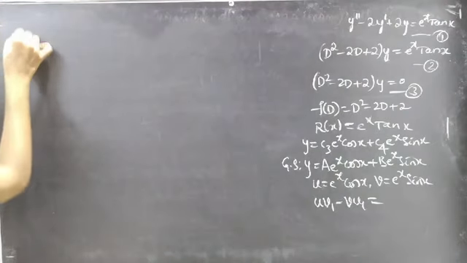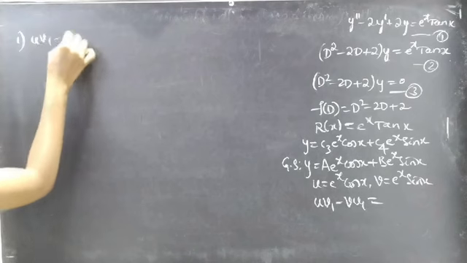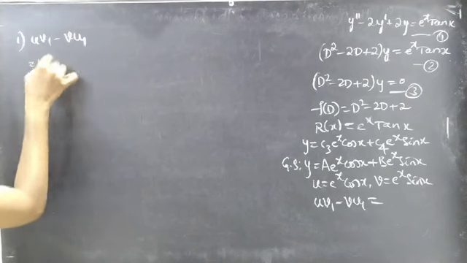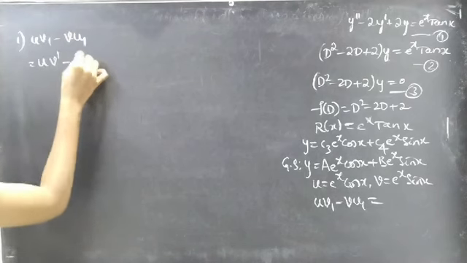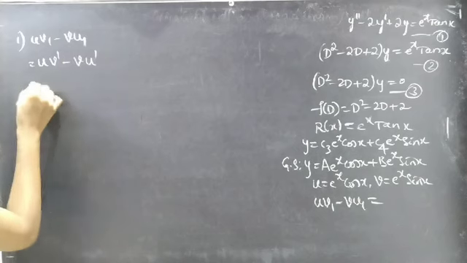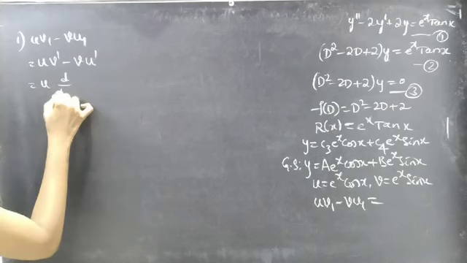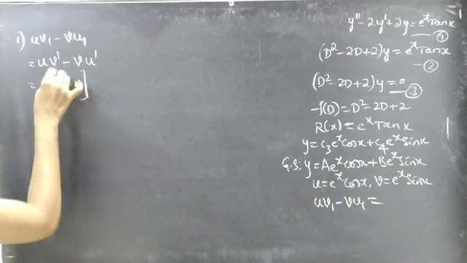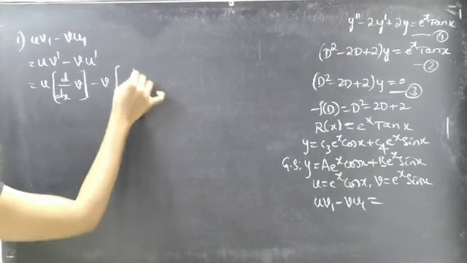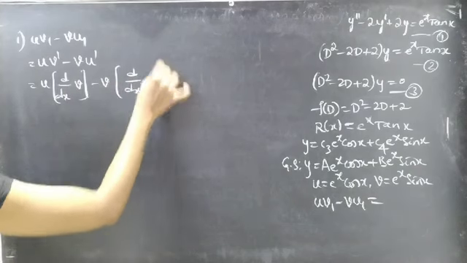We'll begin with UV1 minus VU1. V1 is nothing but V dash and U1 is nothing but U dash, which is the derivative of V with respect to x and the derivative of U with respect to x.